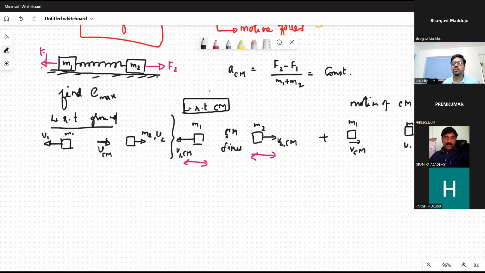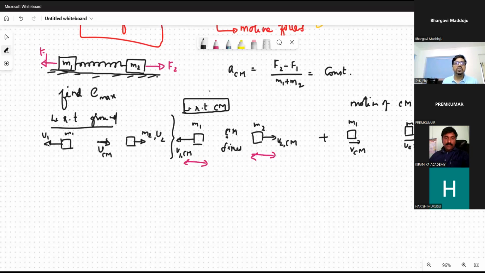Or maybe you can keep a box there, take a box and place it there, and the entire thing is going with V cm velocity. So that is translation of center of mass. That does not change the deformation, because only because of V cm, there is no change in separation. Separation doesn't change, meaning deformation doesn't change. So that part you can keep aside.